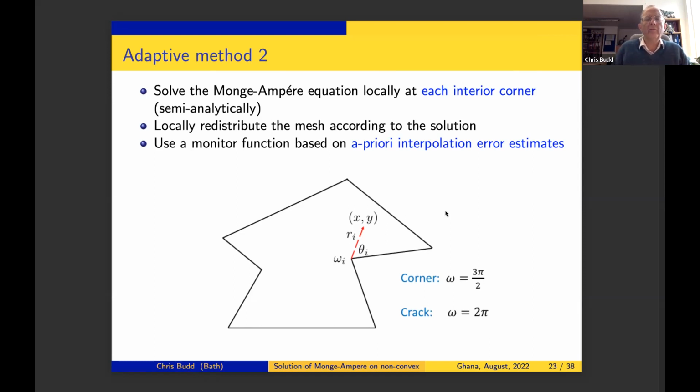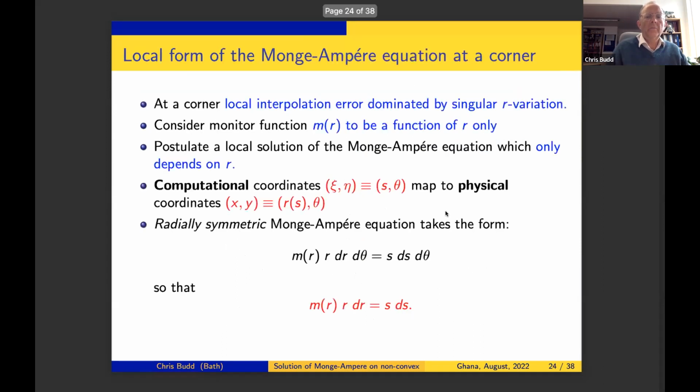We may just need to solve it locally close to the corner. So our idea was to find a local solution of the Monge-Ampere equation close to the corner, use that to redistribute the mesh, and maybe use a monitor function based on interpolation error estimates.